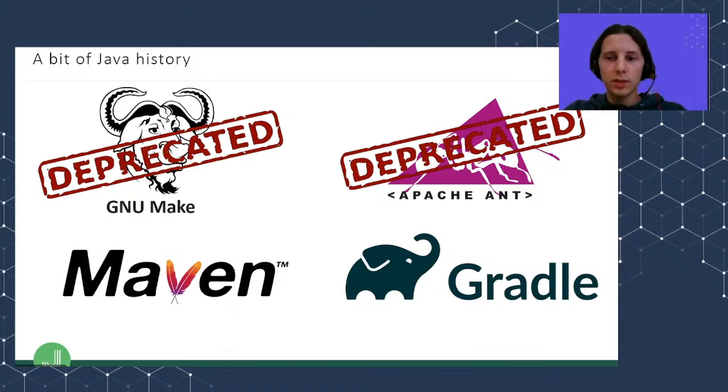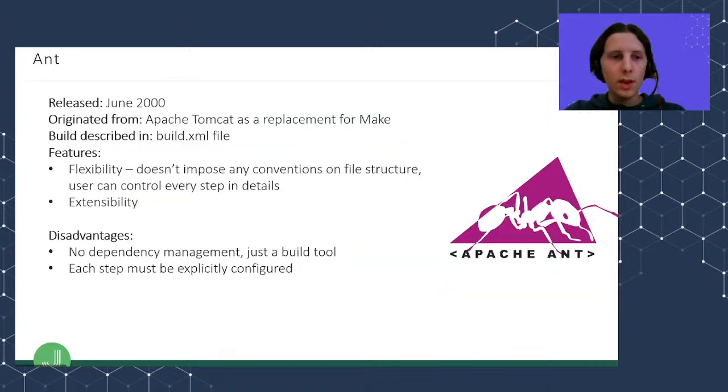Let's see Ant, Maven and Gradle in more detail. Ant was released in June 2000, so it was 22 years ago. It originated from the Apache Tomcat project. It was a part of it, and then it became a separate project.